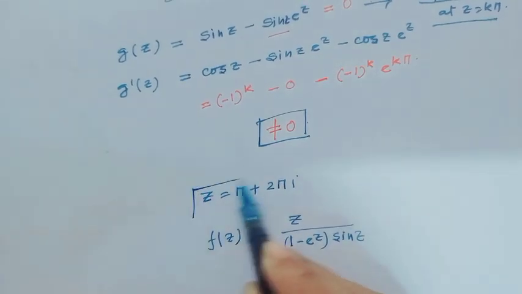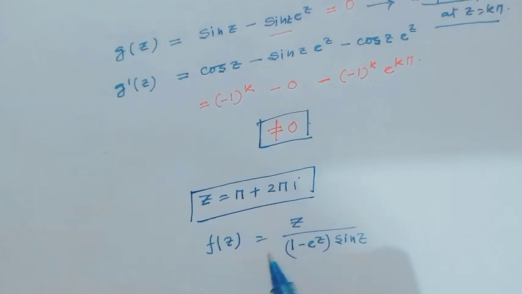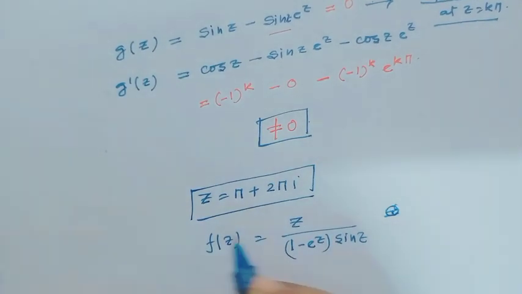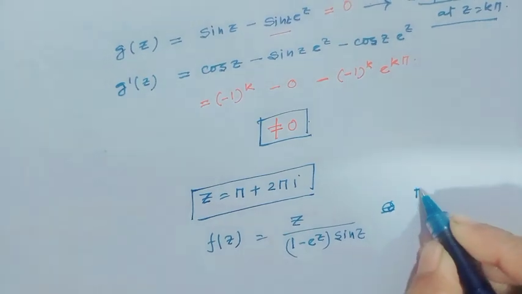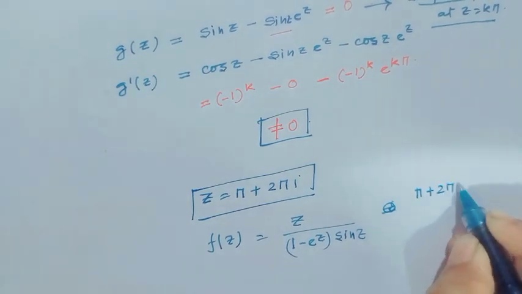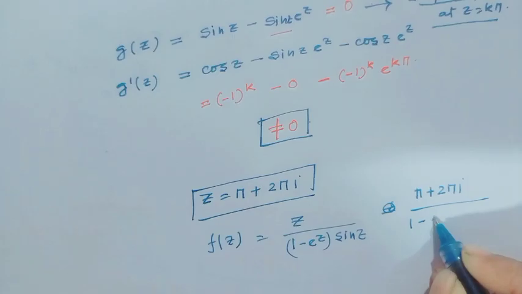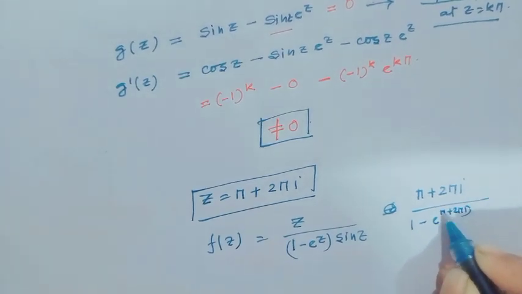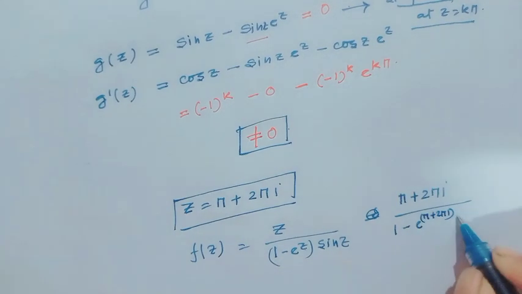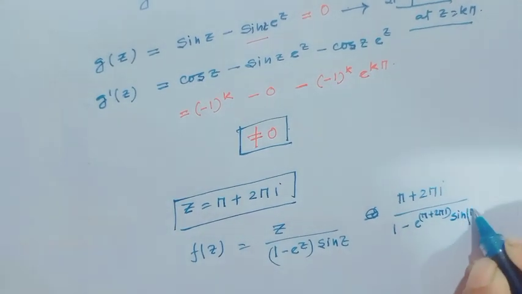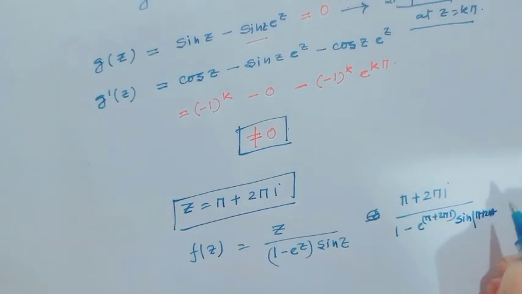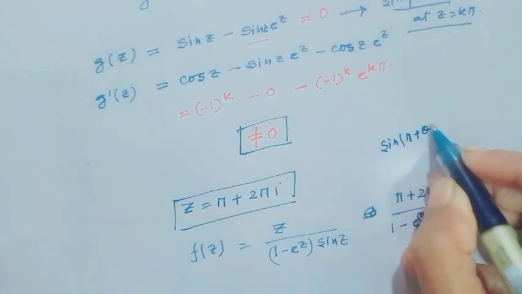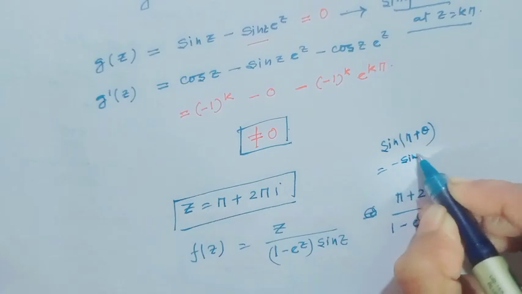Next, z equal to pi plus 2 pi i. Does f have a simple pole? At the point z equal to pi plus 2 pi i, this value would be pi plus 2 pi i over 1 minus e to the power pi plus 2 pi i times sin of pi plus 2 pi i, and we all know sin of pi plus theta is minus sin theta.